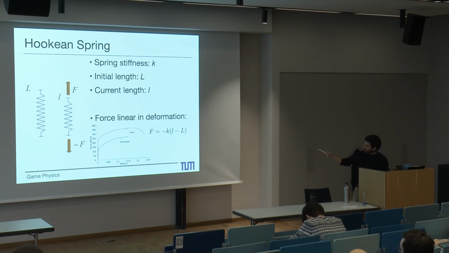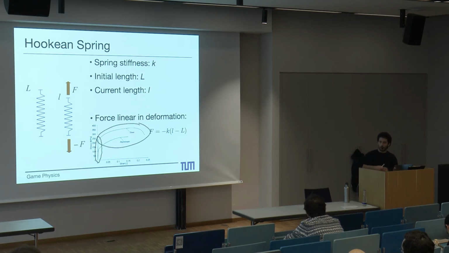So for instance, these are two blocks of aluminum and steel, and if we try to pull them apart, you can see that in this area the behavior of the two metals is actually linear with respect to the deformation. Of course, the deformation is extremely small because it's metal, so you can think about it as an extremely rigid spring. But in practice, to some extent, even metals do behave like springs. Then the rest of the curve that you see here is what we call a plastic behavior.